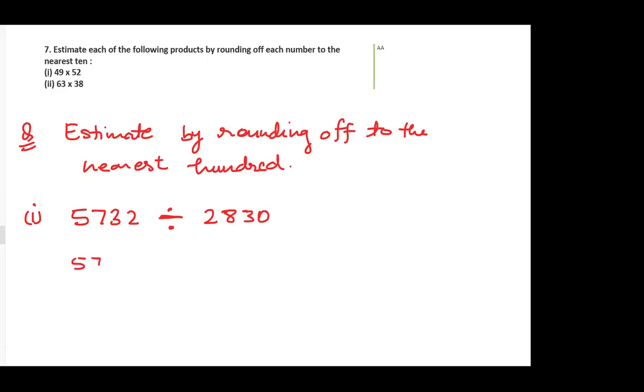So when you are going to round off 5732 to the nearest 100, fine. Nearest 100 means underline the number which is at the tens place, which is 3. So make this 0 and this 3 becomes 0, and 7 and 5 as it is.